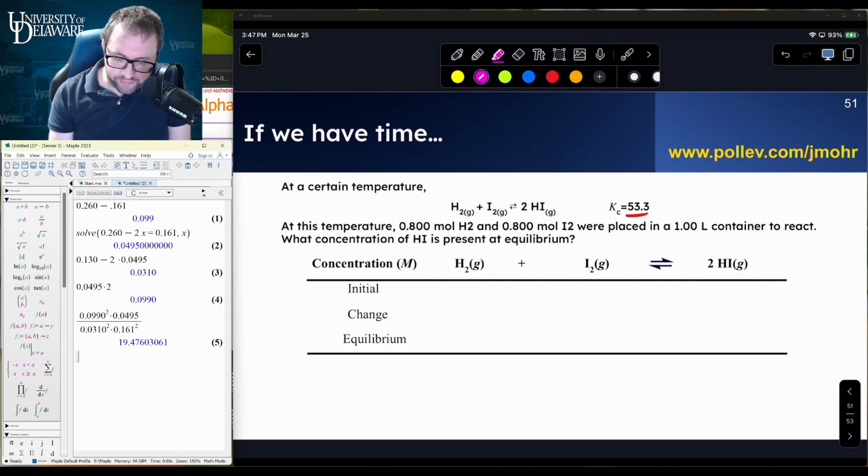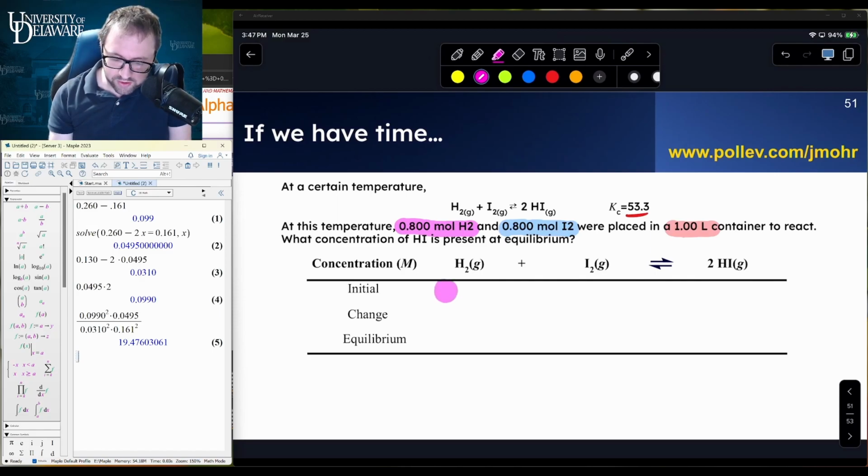So we're told the initial number of moles of H2 and the initial number of moles of I2 are mixed in a container of 1 liter. That 1 liter is nice because that means that these are molarities, right? We would divide by 1 liter to convert moles to moles per liter. Nothing fancy there. So let's get chugging.